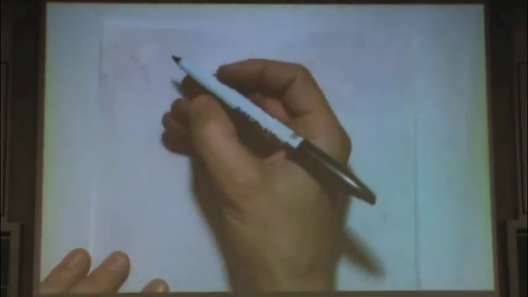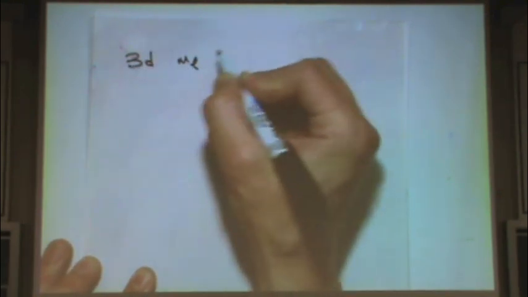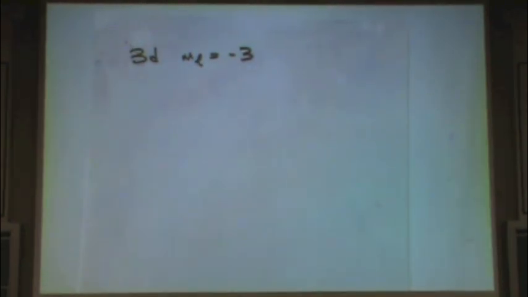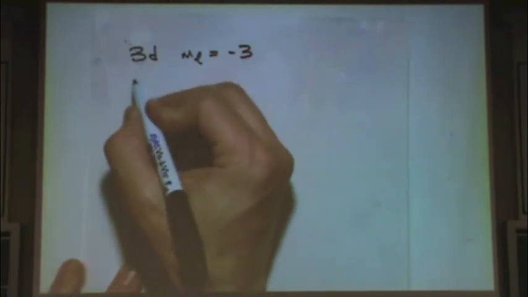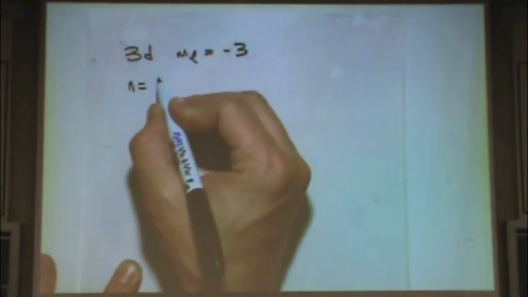So let's start with quantum numbers. There's a couple different types of quantum number questions. Okay? So let's try a couple. First, one type of question would be like, let's say I give you 3d, m sub L equals -3. And I would ask you, is this allowable or not? Is this a possible set of quantum numbers? You'd say, well, n equals 3, the first number right there.